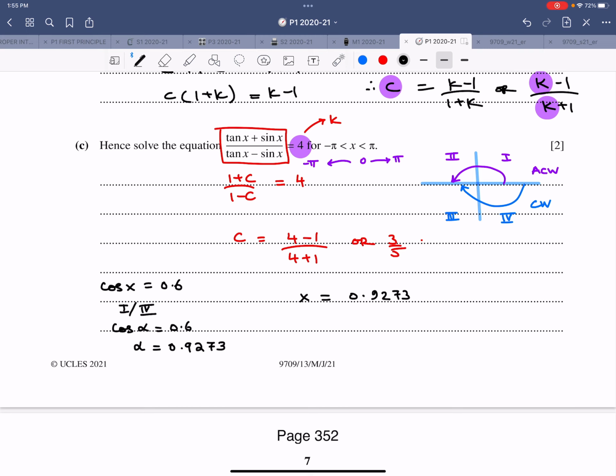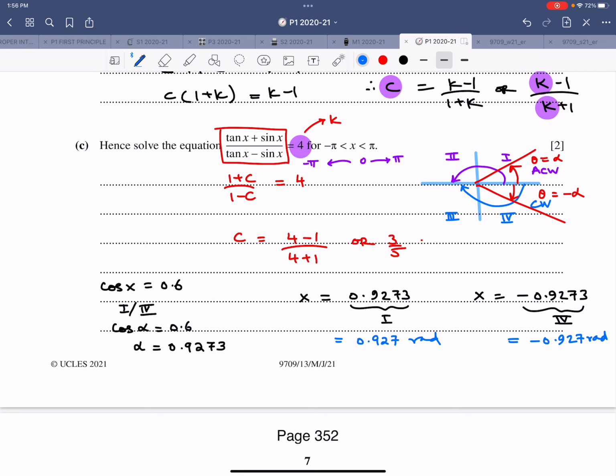This is in the first quadrant, and the same answer will be there, negative 0.9273, that is in the fourth quadrant. Why? Because in the first quadrant, theta equals alpha. In the fourth quadrant, you are not going 360 minus this, you are just taking the reflection of the above. So theta is negative alpha, and then you should round it off. So this is 0.927 radians, and this is negative 0.927 radians. So that's how this question is done.